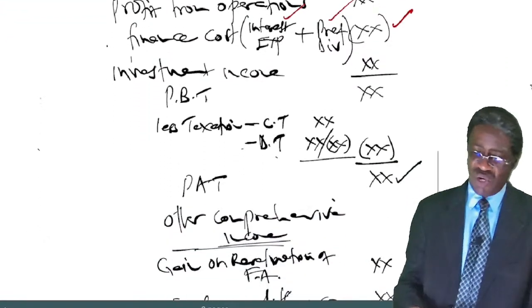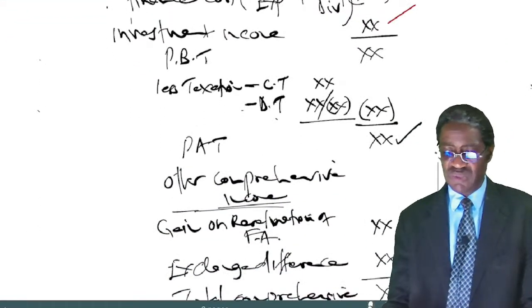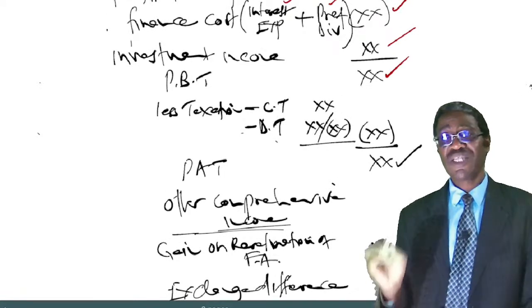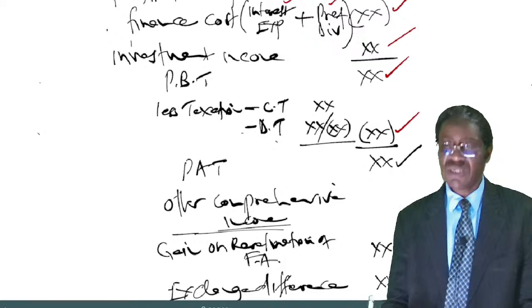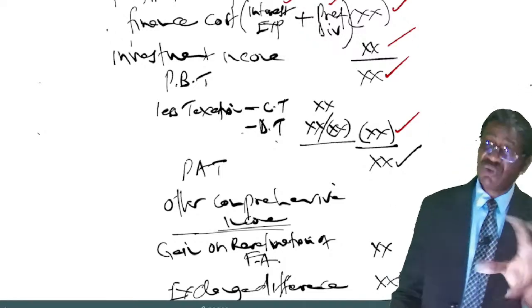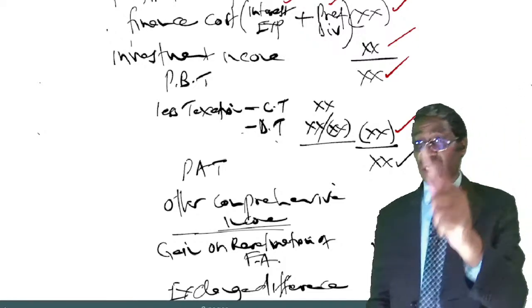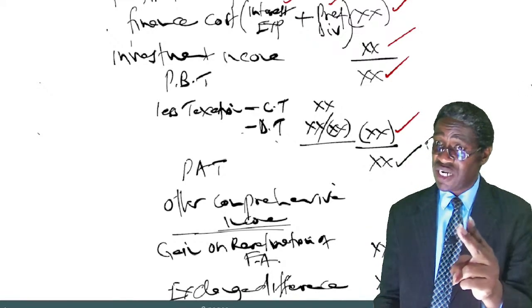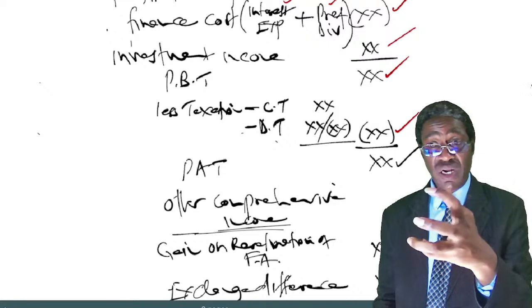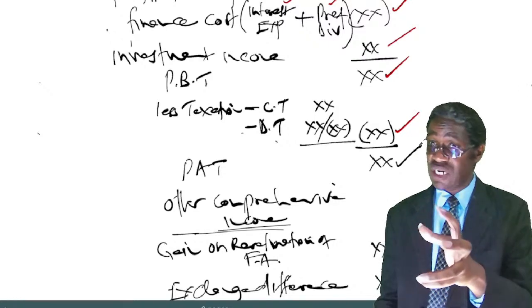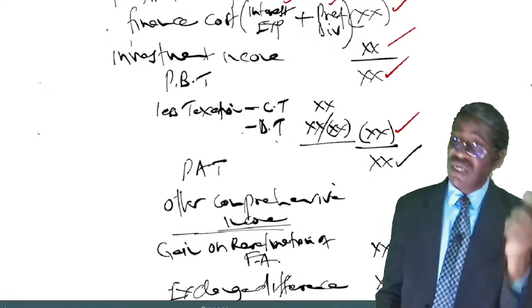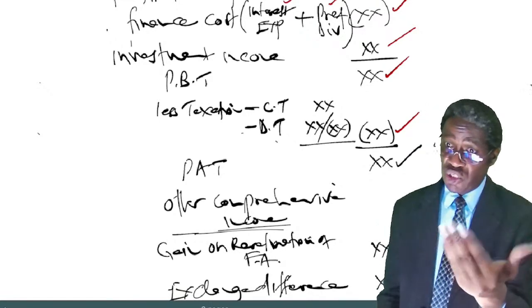Good. Then you add the investment income, whatever it is, get the profit before tax, then you minus the tax expense, whatever it is. For the tax expense, you take the corporation tax. If the question has a deferred tax adjustment, do the calculation for the charge for deferred tax, and either add it to or subtract it from the corporation tax.